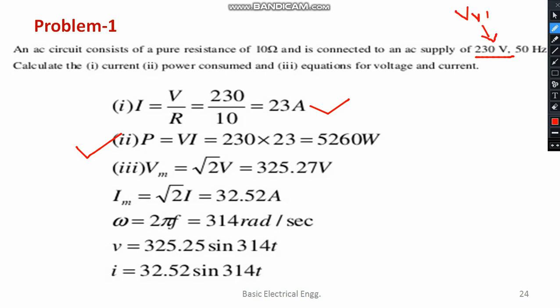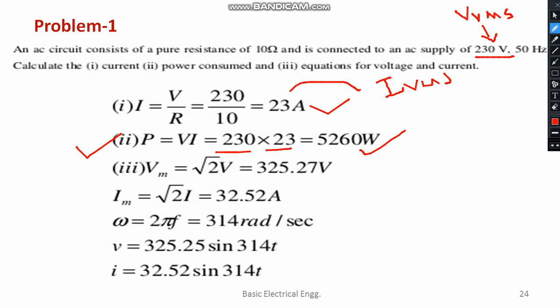Remember this. The current you have computed is nothing but Irms, so 23 is Irms. Remember these things, then your job will be easy. So P is Vrms times Irms, 230 times 23, so you will get 5290 watts.